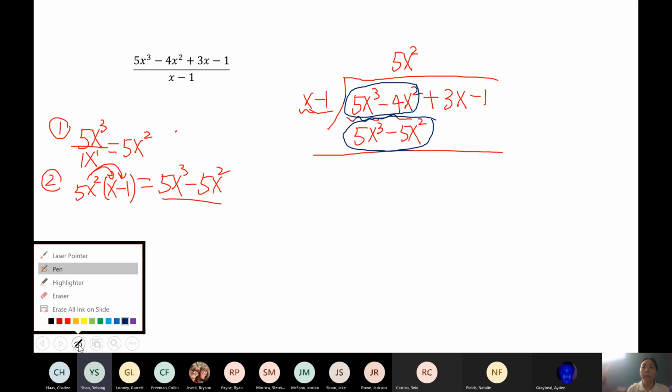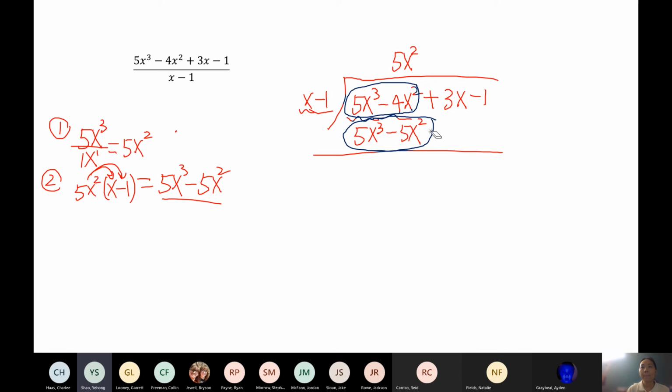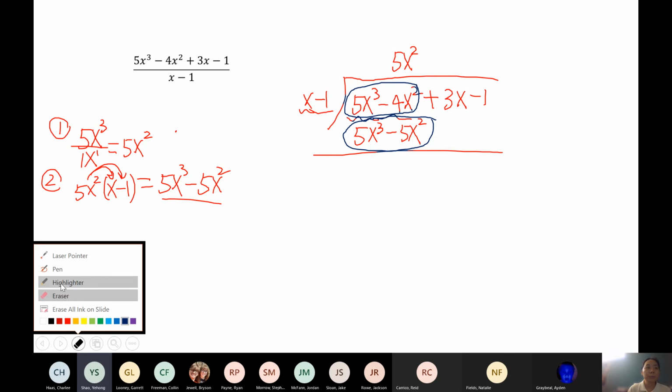Okay, 3 answers. What you see from Jackson, Garrett, Natalie, and Bryson is correct. x squared is the correct answer.